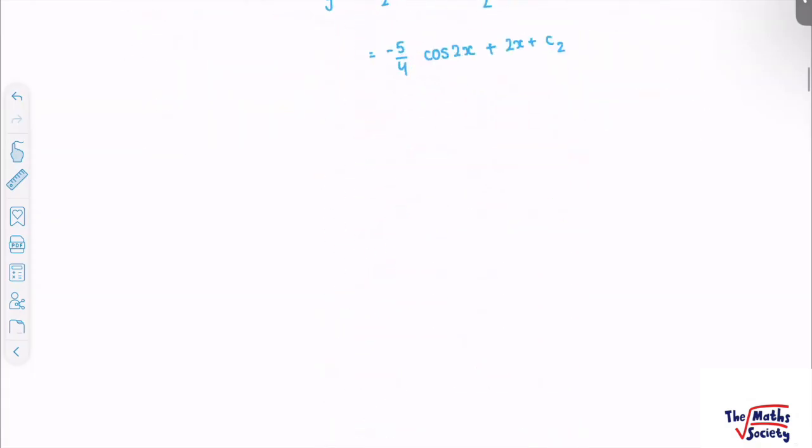I'm going to take y right now. 5 pi by 4, so that's equal to minus 5 by 4 cos of minus pi by 6, minus pi by 6 plus c2. So you have 5 pi by 4 equals minus 5 by 4 multiplied by root 3 by 2, that's minus pi by 6 plus c2.